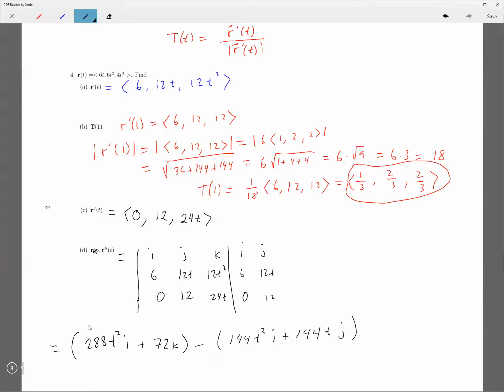Okay, so we have 288t squared i minus 144t squared i. So that's going to be 144t squared in the i position, or the first position. The second position is going to be minus 144t for the j. And then the only place that a k appears is right here, so that's 72 for the third position.